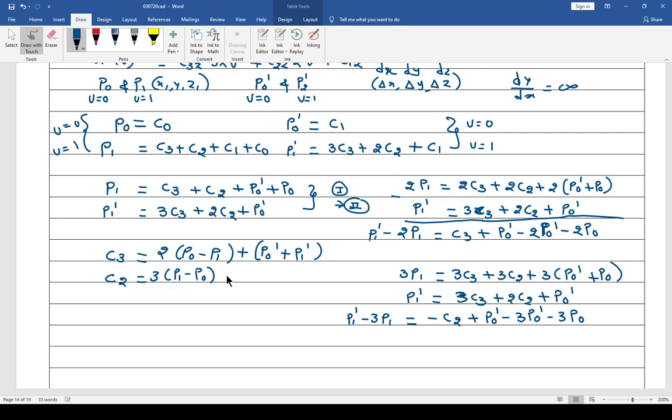Okay, now we'll take the P1 dash. So P1 dash on this side is minus, and then this is minus 2P0 dash. So I'm getting minus 2 P0 dash and minus P1 dash.